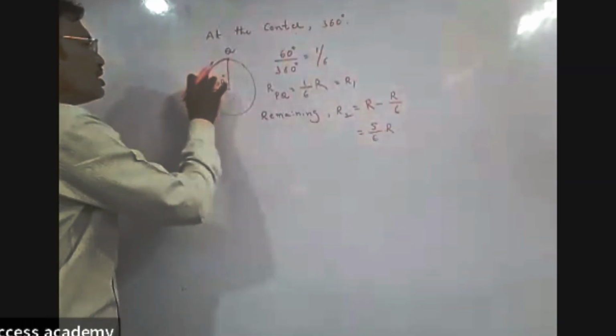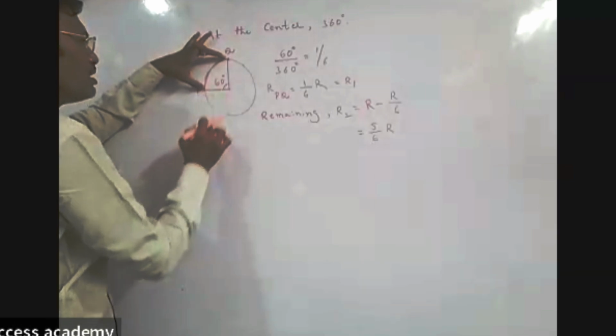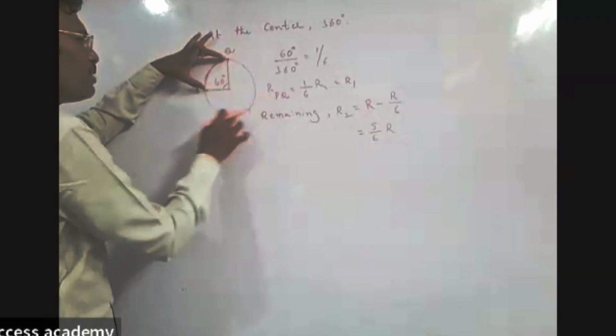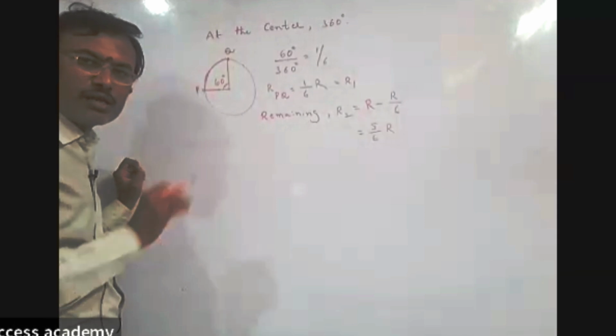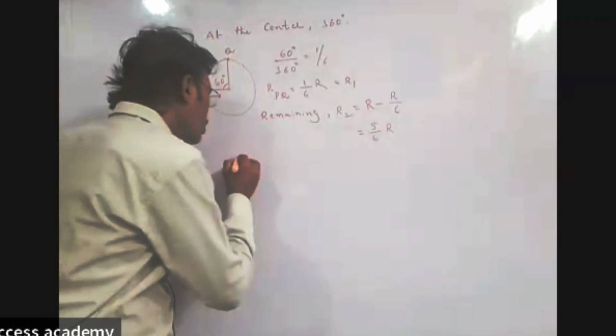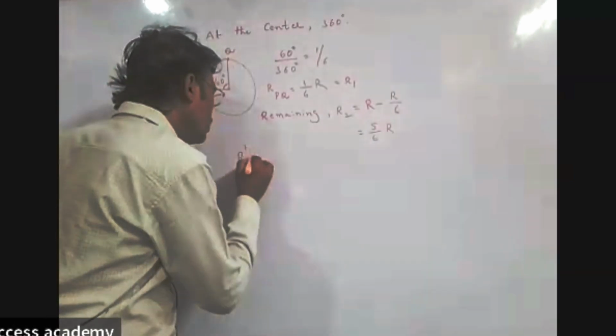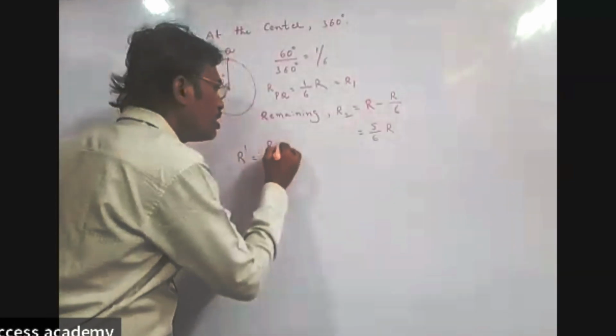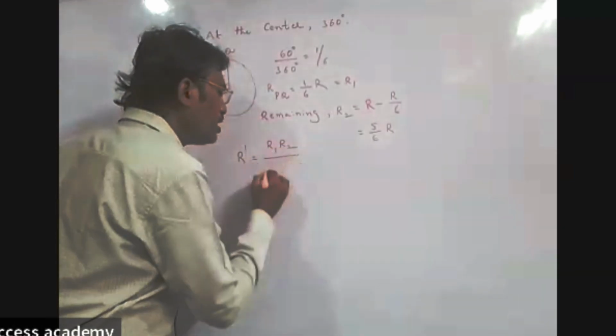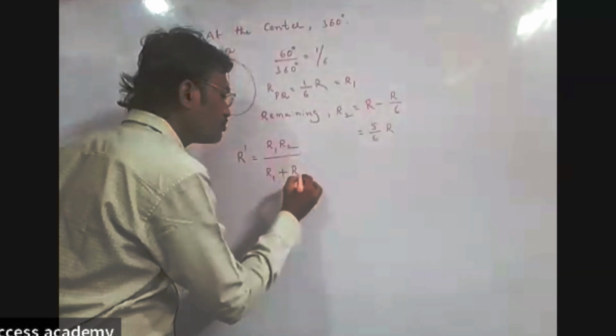This part of the arc is in parallel to the remaining part of the circle. So now R dash is equal to R1 R2 by R1 plus R2.